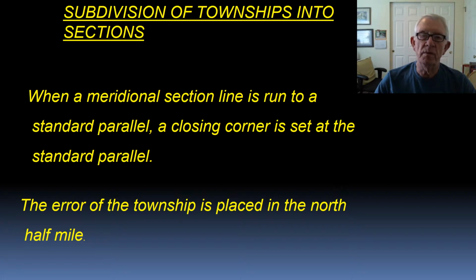That way we can correct for convergence as we go further north. Now, keep in mind that at this point, we're throwing all of the error as we're surveying those sections north. We're putting all of that error in the last half mile of the township.